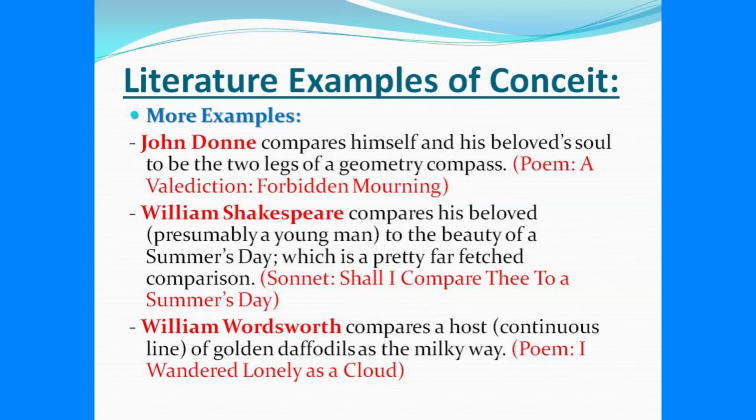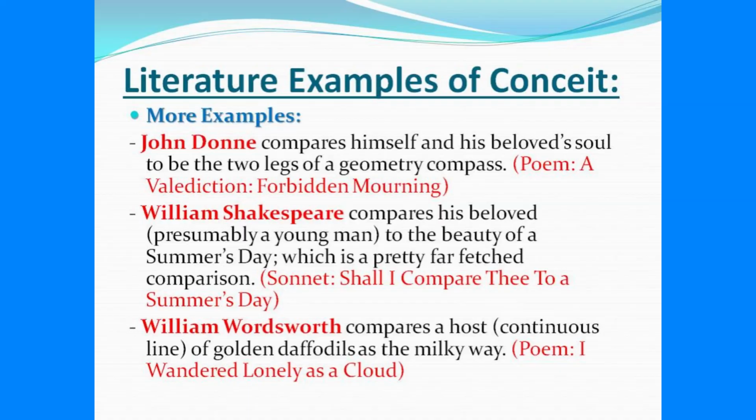That means the two legs are said to be him and his beloved, and one leg is stationary, the other keeps revolving around the first leg. But then when we observe the two ends of the legs are very, very far apart, but they are joined at the top. Both the legs are joined at one end.